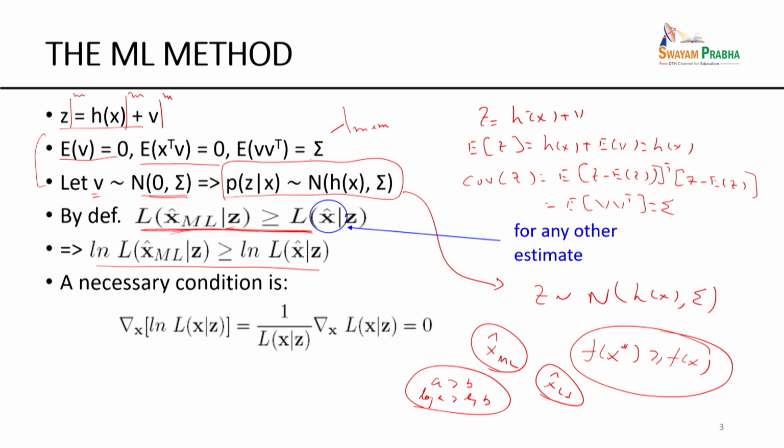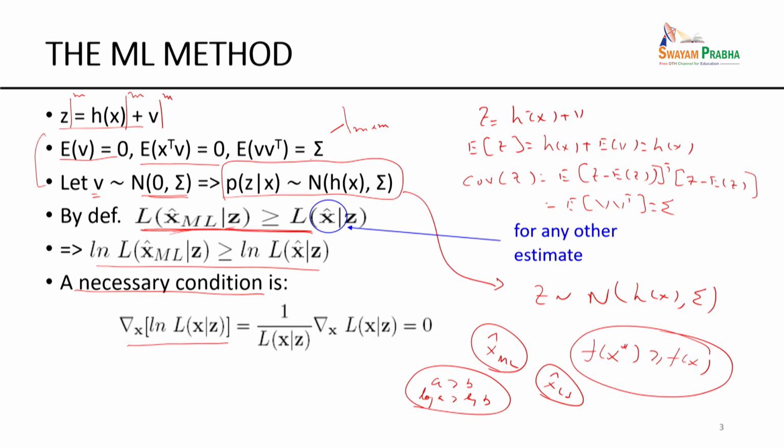That means I want this to be a maximum. A necessary condition for the maximum is that I can maximize the likelihood function, or I can maximize the log of the likelihood function. So I'm going to compute the gradient of the log of the likelihood function.